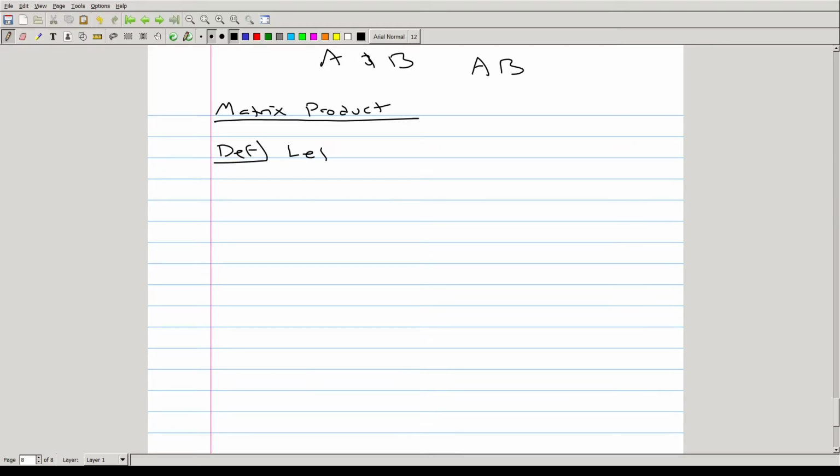So we're going to let A be an m by k matrix and B be a k by n matrix.